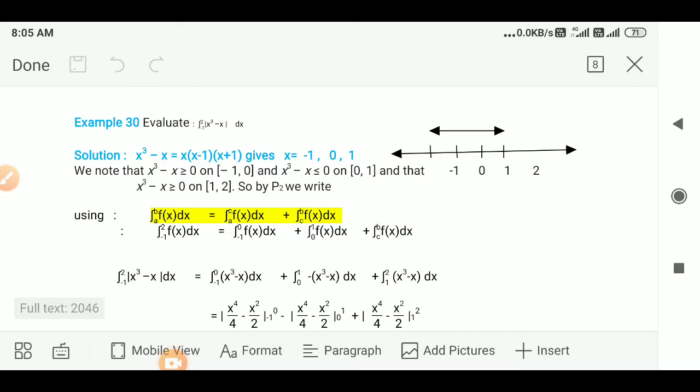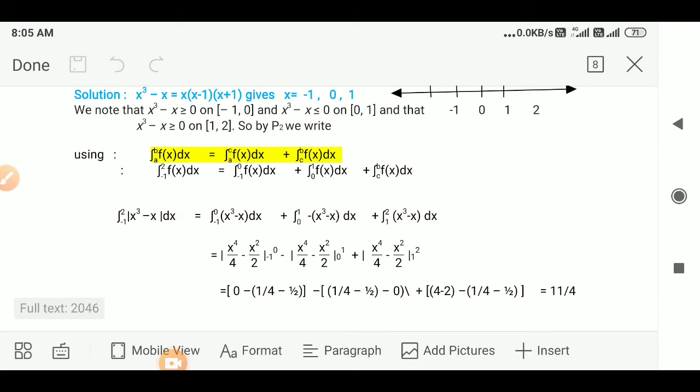Means you have to take a fraction minus 0.5. Suppose you put in the factors x minus 1, x plus 1, with that negative number, you will get positive.